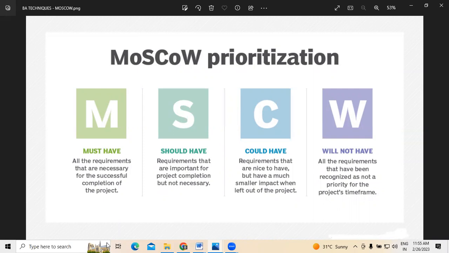This is how this prioritization technique is generally called MoSCoW, which is being used by the business analyst, especially in the IT BA field. The remaining techniques can also be used in IT and non-IT as well, because we don't use just one technique.